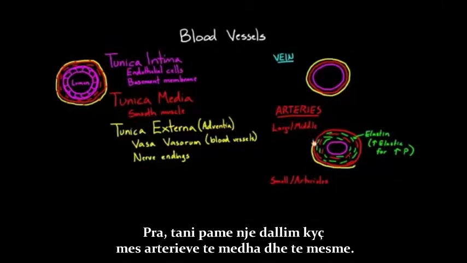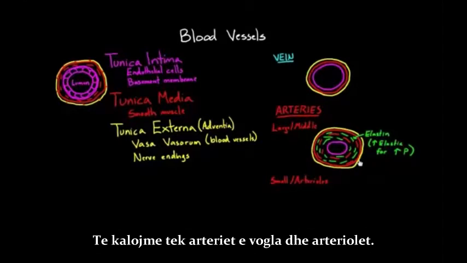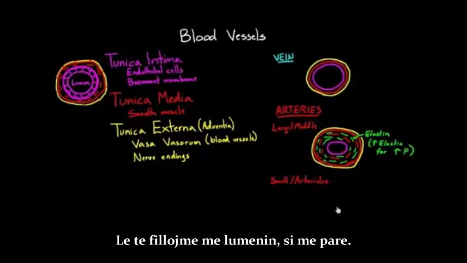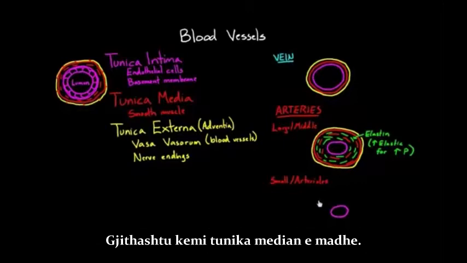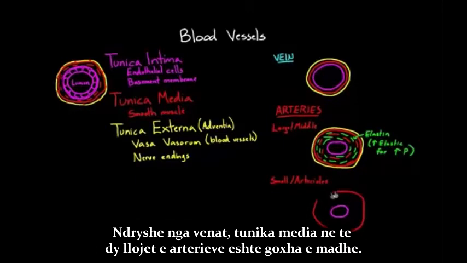Okay, so you've seen one key difference now with these large and middle-sized arteries. Now let's go to the small arteries and the arterioles. So here, let's start out with a lumen. You have that as before. And you also have a large tunica media. So unlike the vein, the tunica media in the arteries, in both types of arteries, is actually quite large.